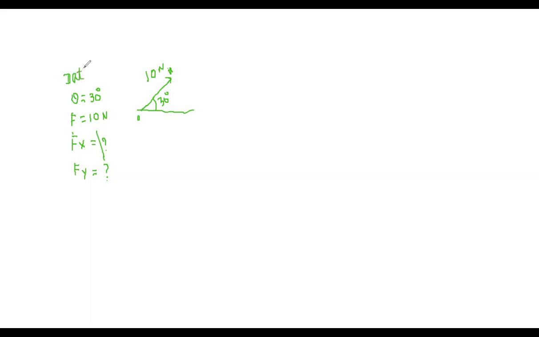You can see clearly the information given in the question: F is given as 10 Newton, theta is given as 30 degrees, and Fx and Fy you have to find.